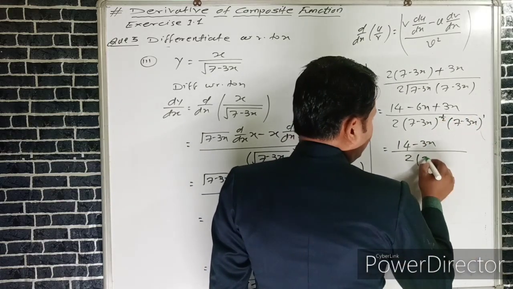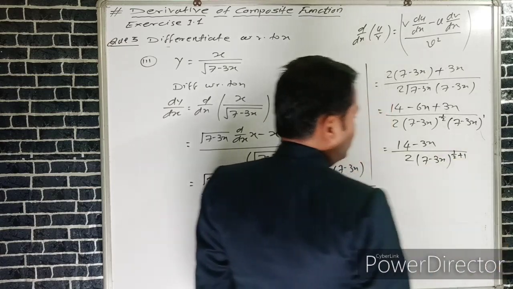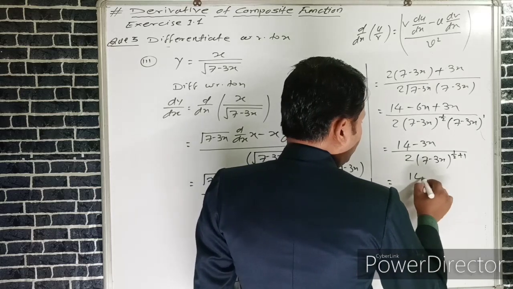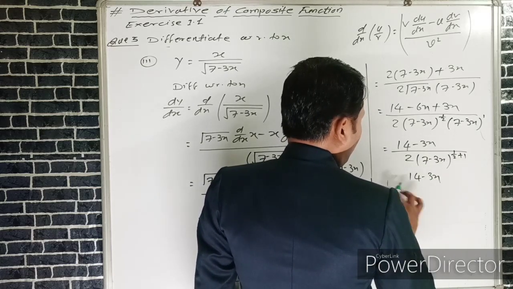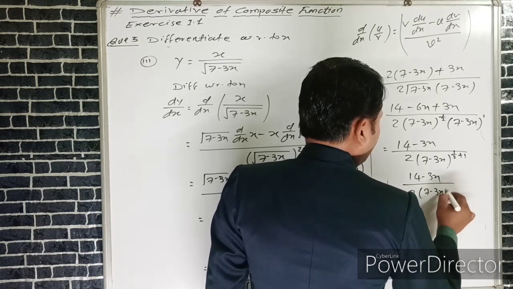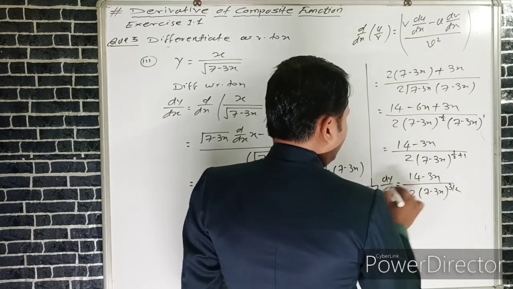Hence we can write 7 minus 3x raised to the power 1 by 2 plus 1. Hence we can write again 14 minus 3x upon 2 into 7 minus 3x whole raised to the power 3 by 2, which is the required derivative of y, dy upon dx.